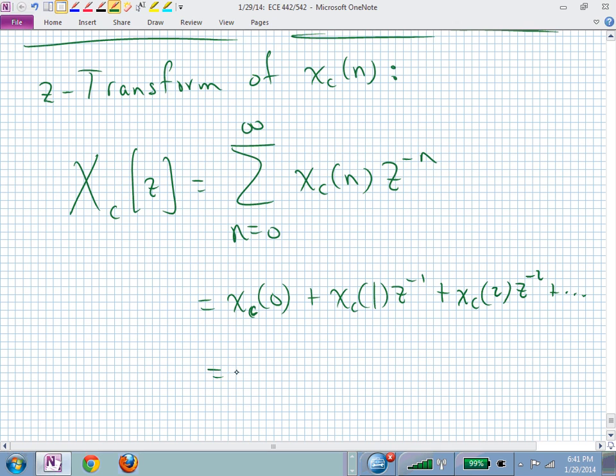But that is now 1 plus r z to the minus 1, plus r squared z to the minus 2, plus r cubed, because that was what we said x sub c was. That was r to the n.